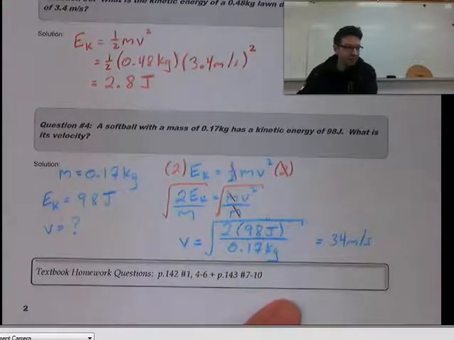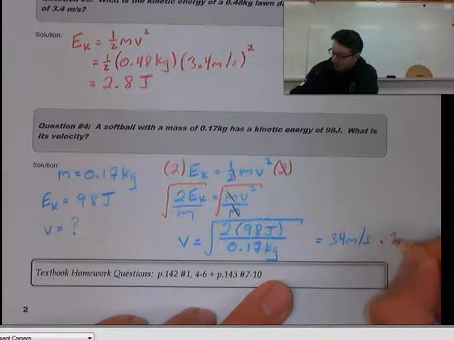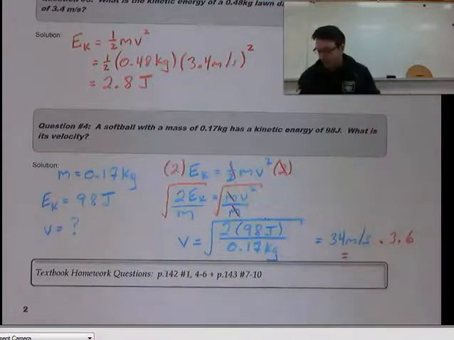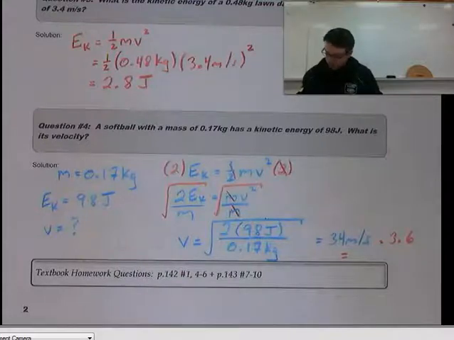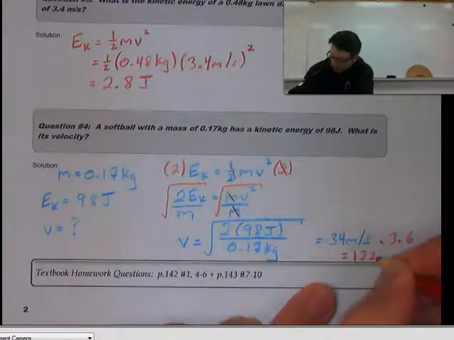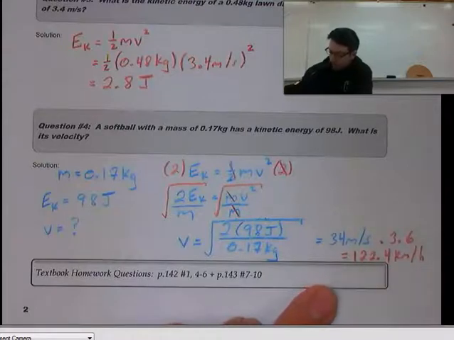And if you want to see what that looks like in kilometers per hour, you can multiply by 3.6 and you'll get 122.4 kilometers per hour. So that's pretty fast.